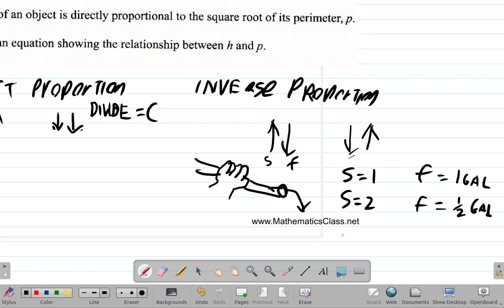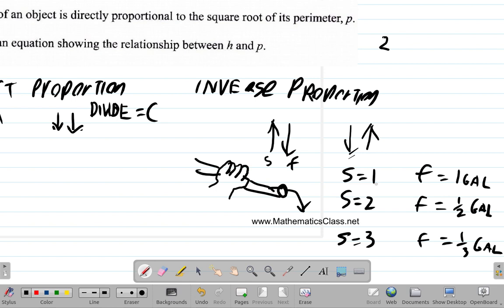Now, if you squeeze with 3 pounds, the flow drops to 1/3 gallon. Now, to get the constant, you say the squeeze at 2, right?